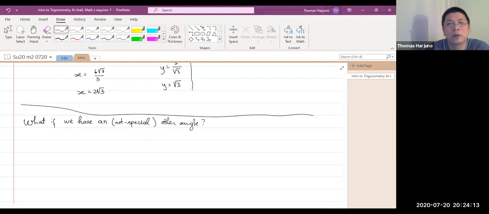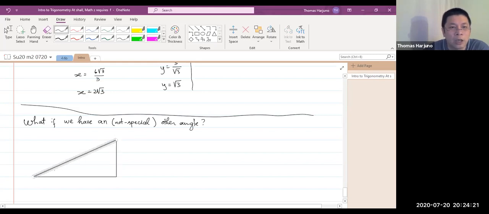So for example, let's say we have the following situation. I make up numbers, okay? Suppose I make this 25 degrees here. And let's say this is x, this is 15, and this is y. So very similar to the last question, but I make it not a special angle.